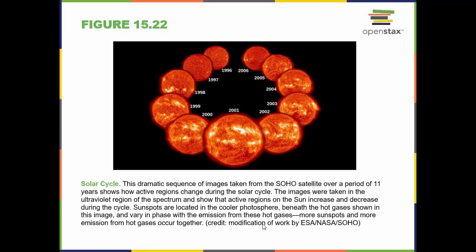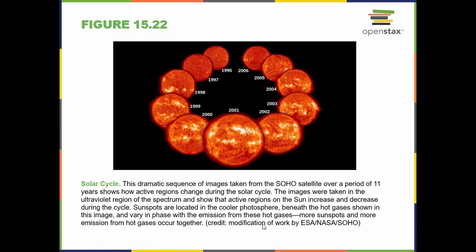So here we see these dramatic images taken by the SOHO satellite over a period of 11 years, and it shows how these active regions change in the solar cycle. So once again, this was taken in an ultraviolet region of the spectrum, and it shows the active regions of the sun increase and decrease during this cycle.